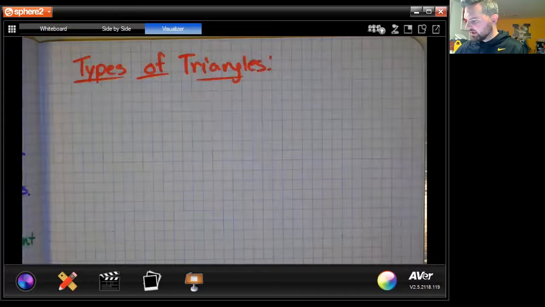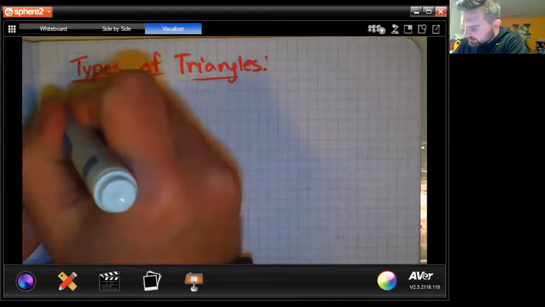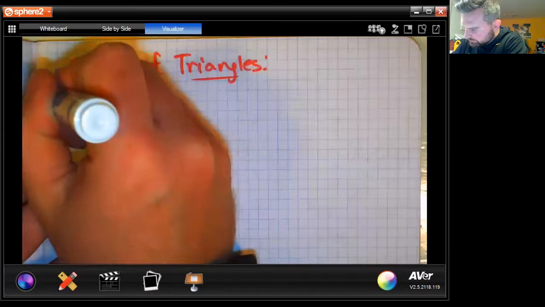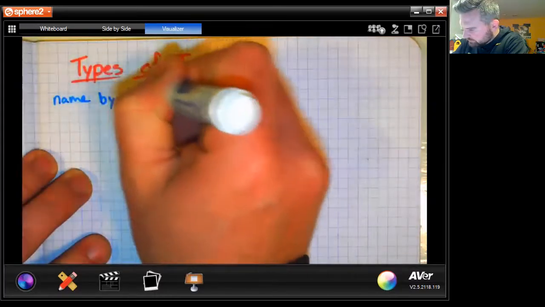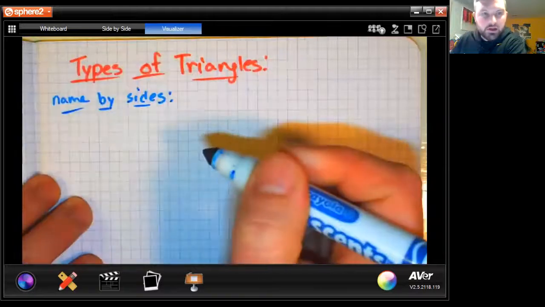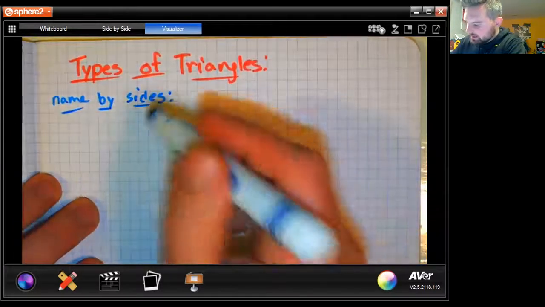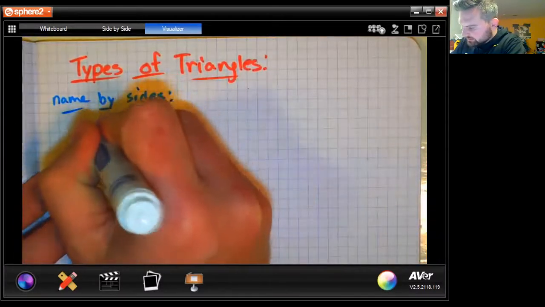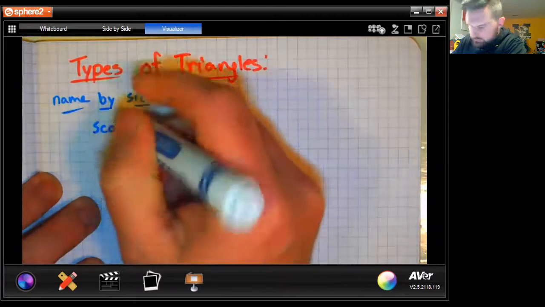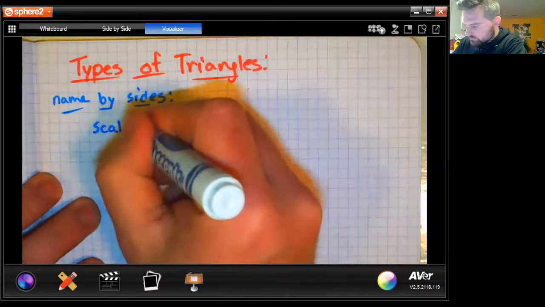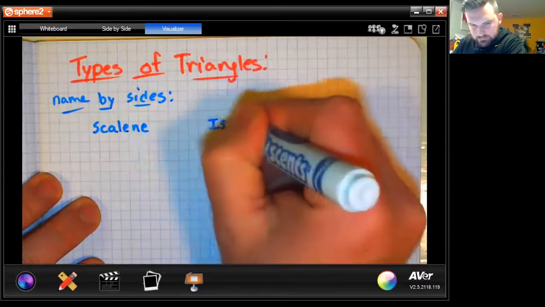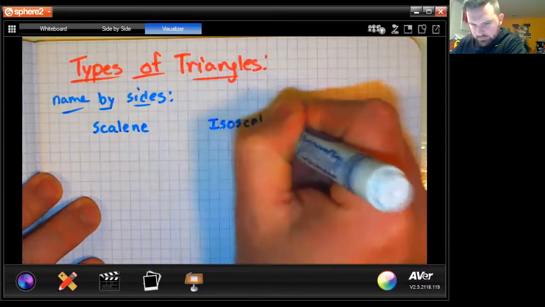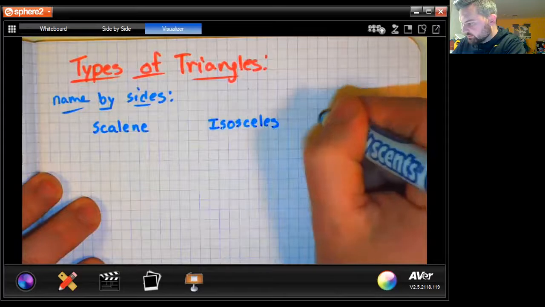So if we look at naming a triangle by sides, okay, there are three types of triangles by sides. We have a scalene, we have an isosceles, and we have an equilateral.